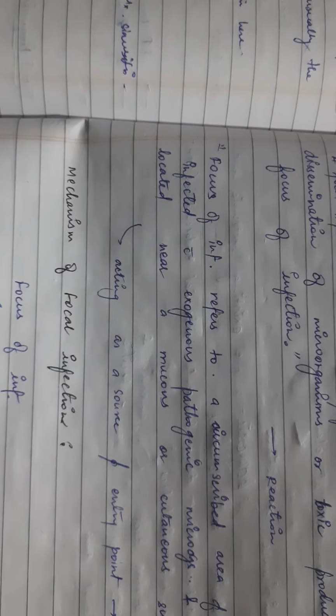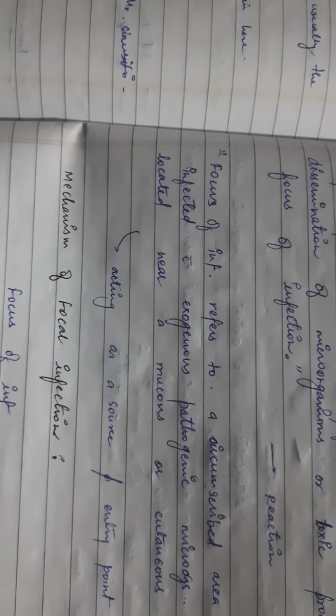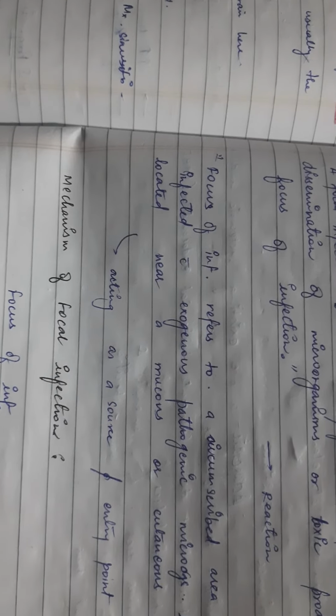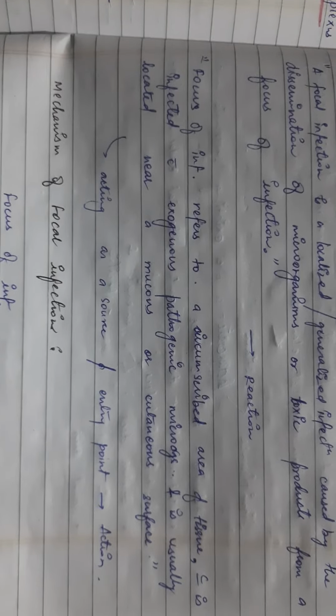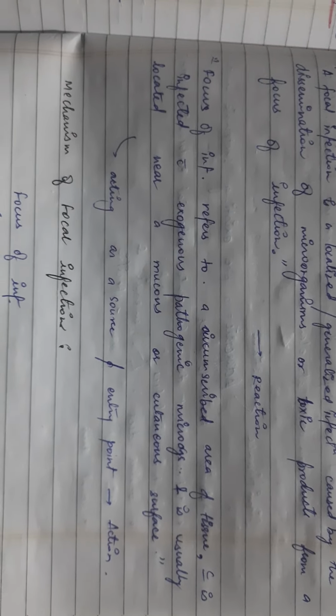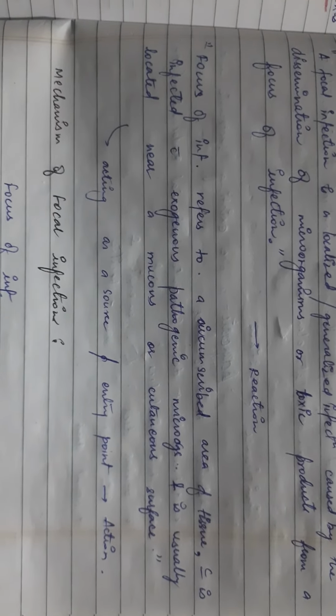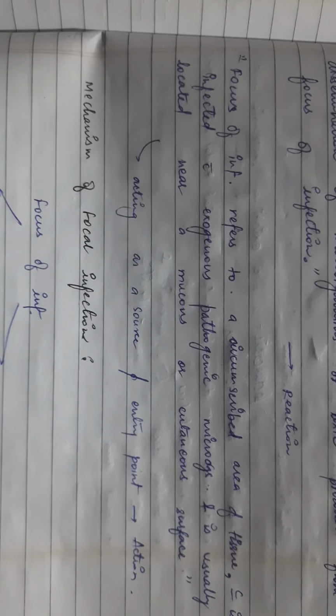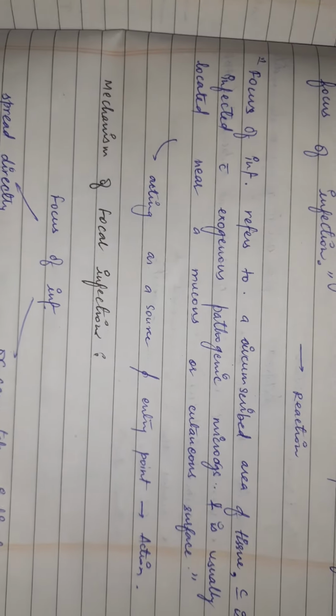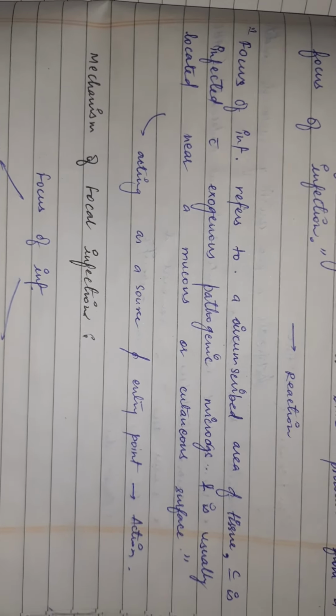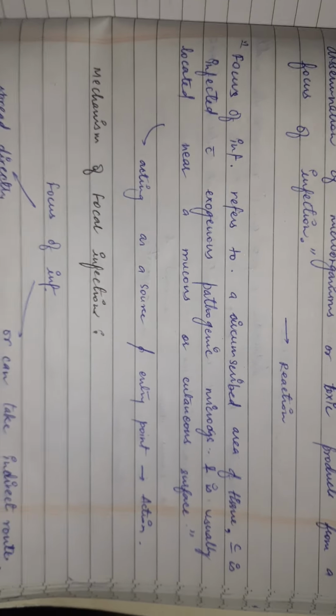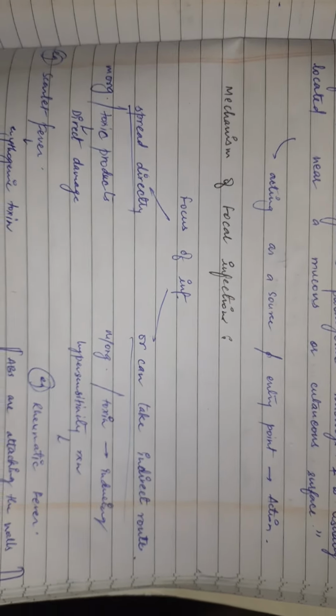Now, focus of infection refers to a circumscribed area of tissue which is infected with exogenous pathogenic microorganisms and is usually located near a mucous or cutaneous surface, acting as a source and entry point of focal infection.